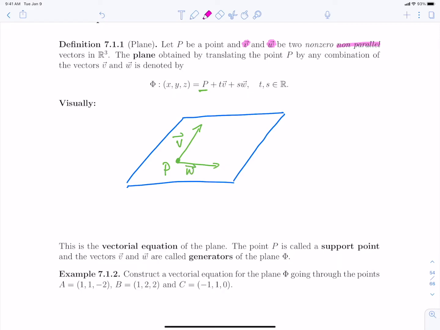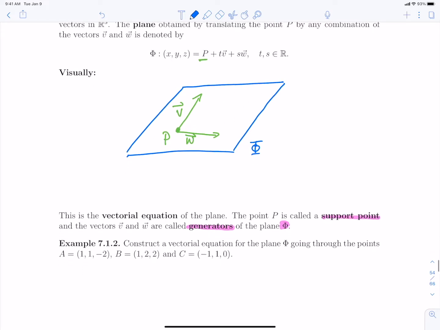P is still called our support point, but v and w are generators of our plane phi. We're identifying planes with the Greek numeric phi.